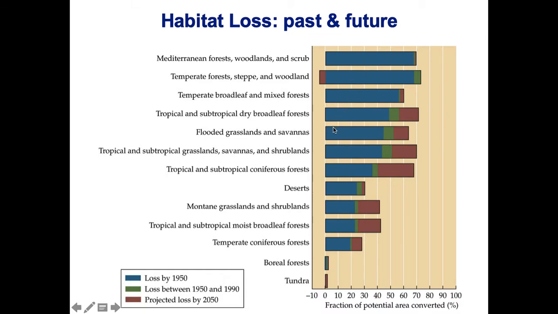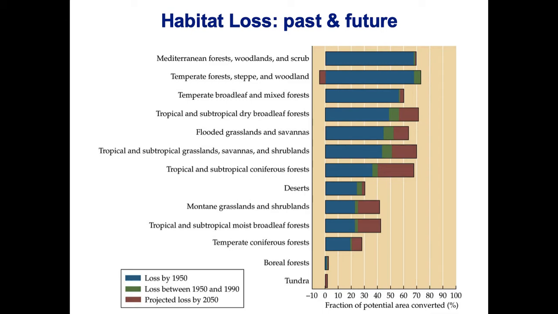Things that are flooded, we've lost less of. And then as we go down, we get to things that aren't that great for people to turn into agriculture and other things like boreal forest and tundra. Even deserts have been used quite a bit, and you can see where loss is projected to continue by 2050.